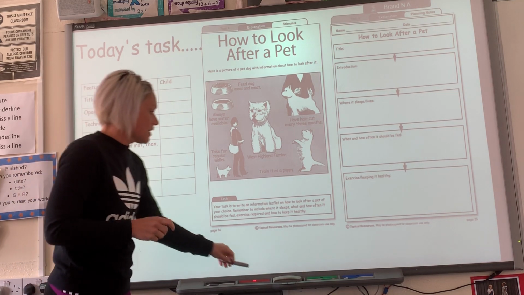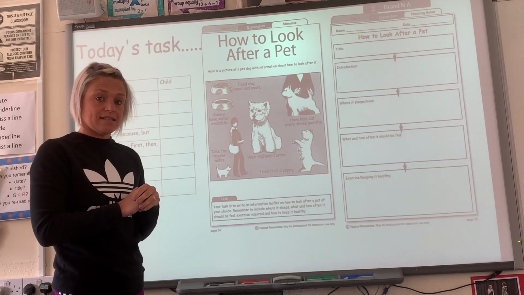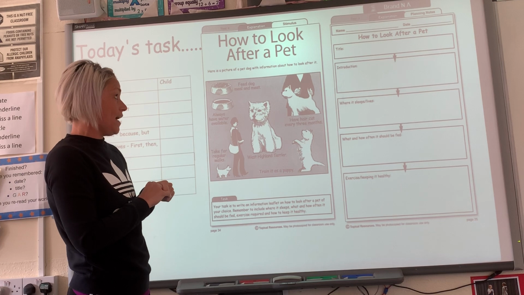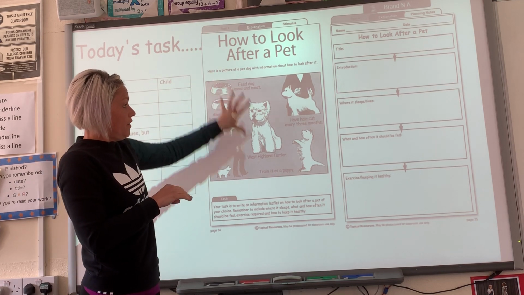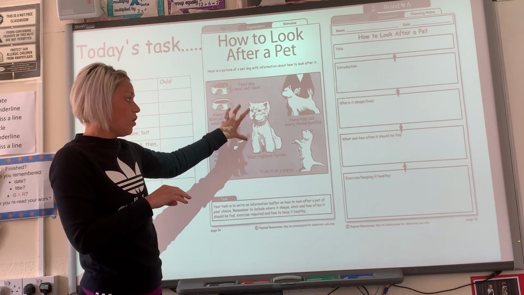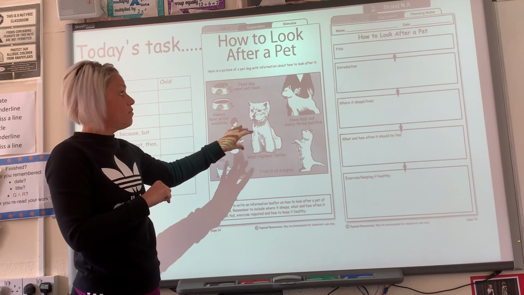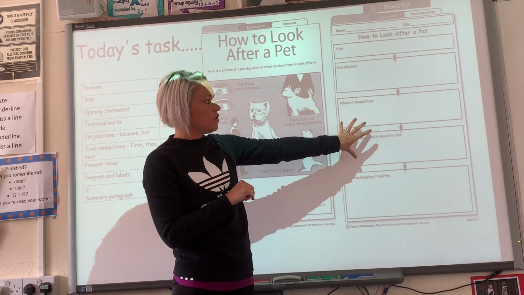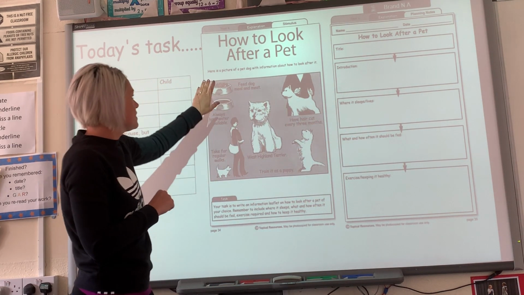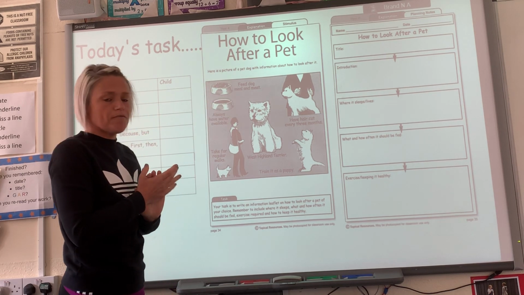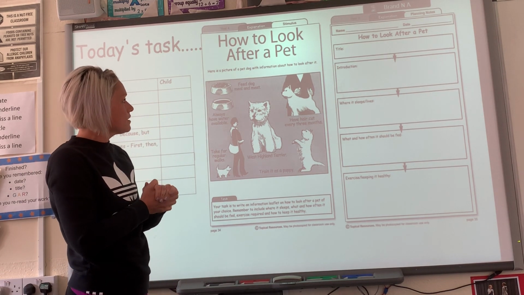So, your task. This has been set as a task for you today on Firefly. This is just an example of what you could do if you were choosing to do about dogs, and then you've got your plan. So it says, here's a picture of a pet dog with information about how to look after it.